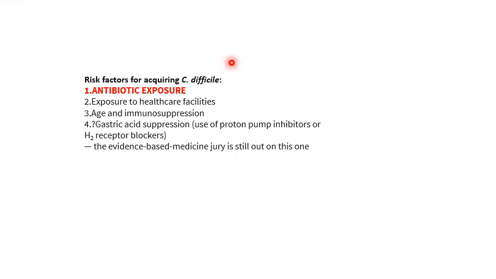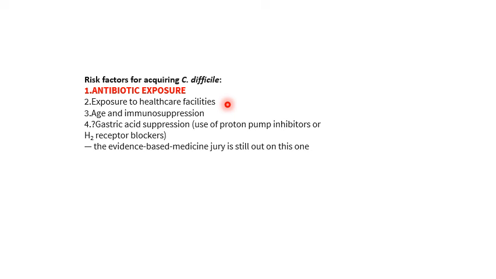Now, risk factors for acquiring C. difficile. Most important is antibiotic exposure. That is why they will tell you this is a colonoscopic finding of such and such a patient and had antibiotics. Exposure to healthcare activities. The same antibiotics he is taking at home, unlikely to get it. But the same antibiotics, prolonged antibiotics inside a hospital is likely to get it.